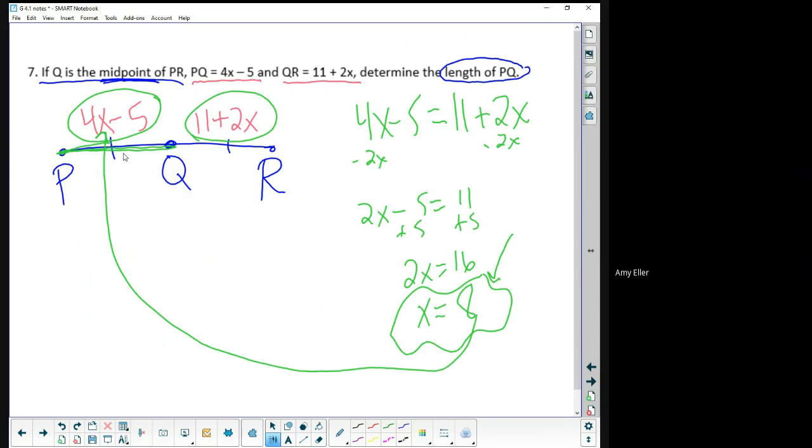Subtract 5. 27. This picture started to look the same, but it was a little bit different because we didn't have all 3 segments.